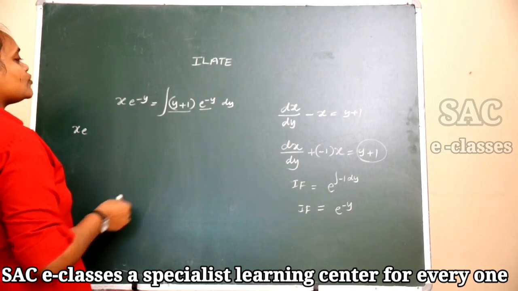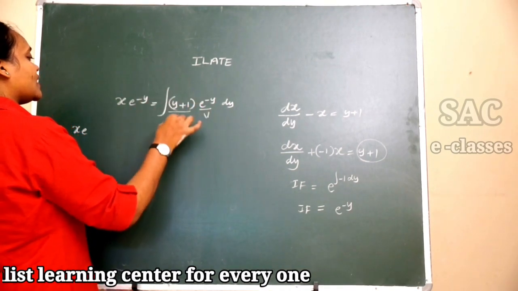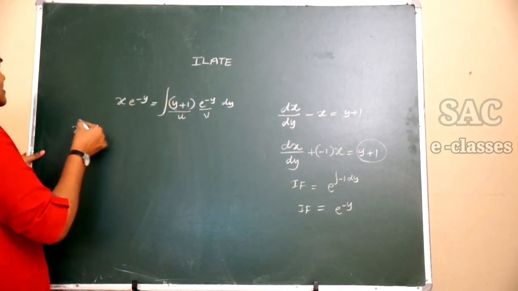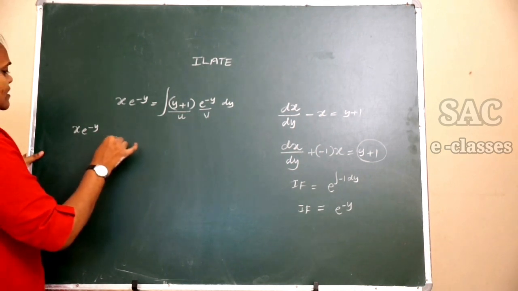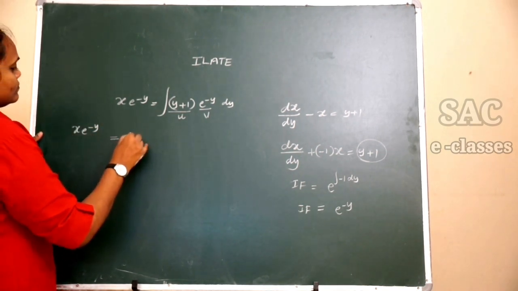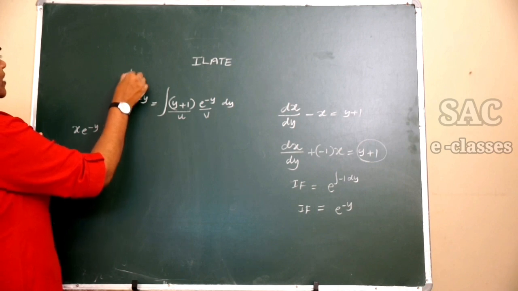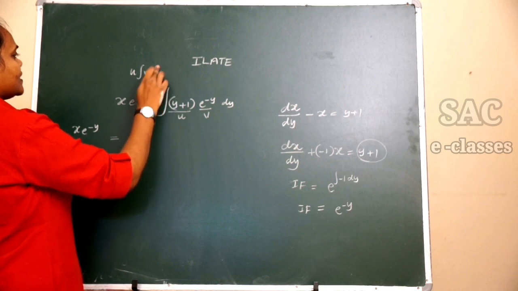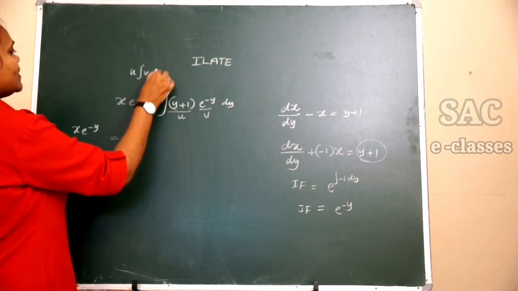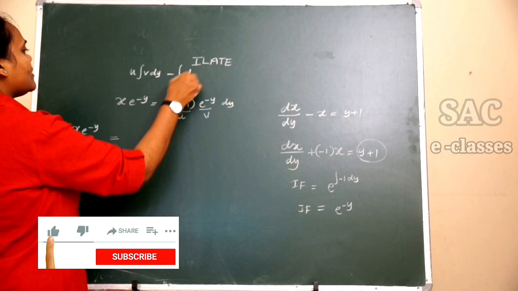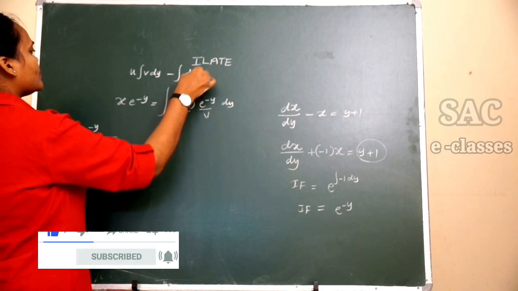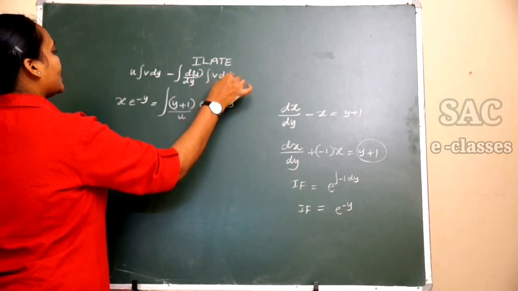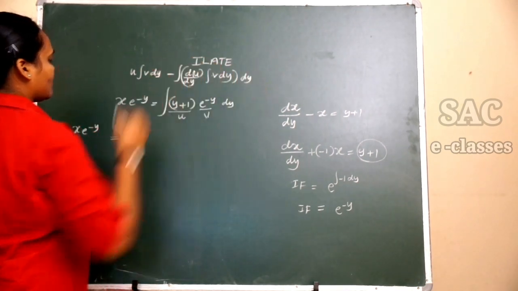Let me assume that e to the power minus y is v, where y plus 1 is u. x into e to the power minus y is equal to, you know the integration by parts formula, u into the integral of v dy minus the integral of d/dy of u into the integral of v dy, dy.